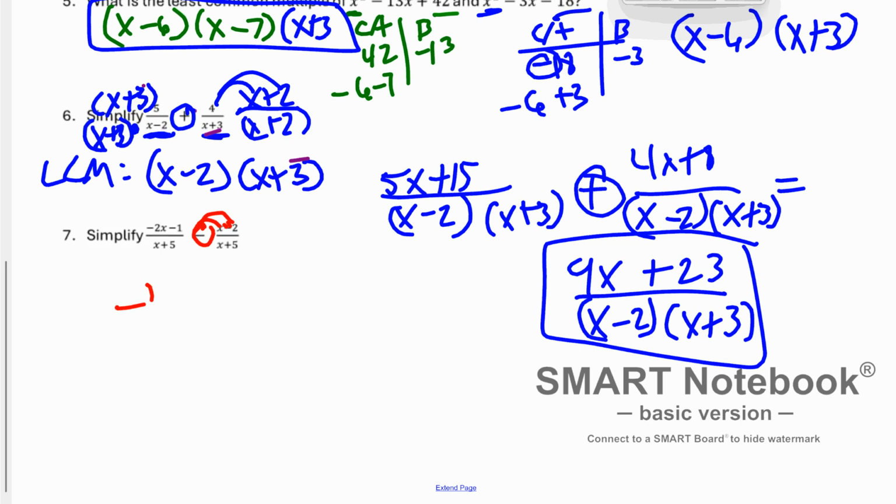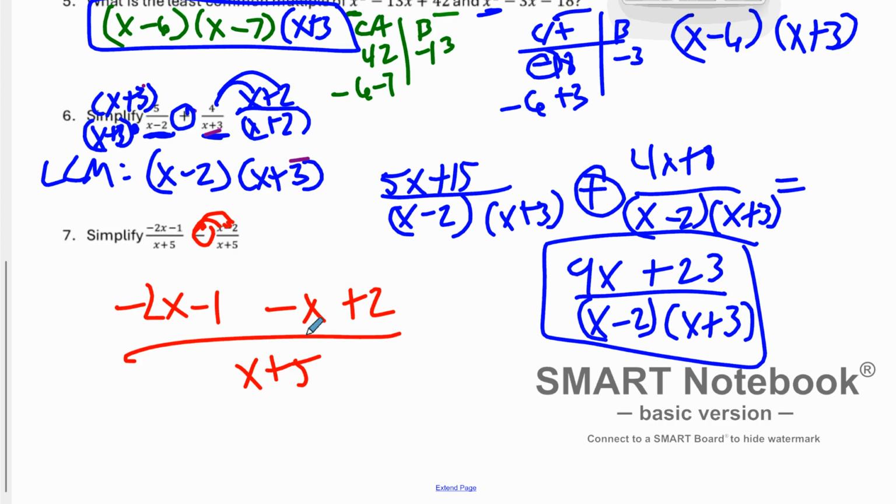So we have negative 2x minus 1 minus x plus 2 over that common denominator, x plus 5. So simplifying, I have negative 2x minus another x is negative 3x plus 1. Negative 1 plus 2 is a plus 1, all over that common denominator.